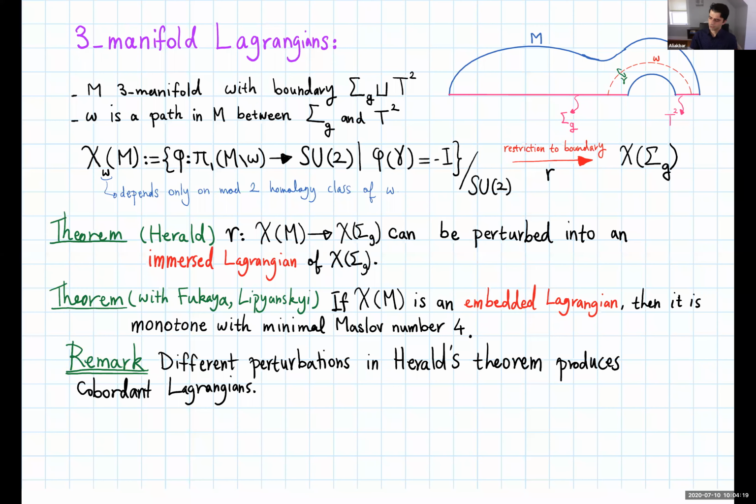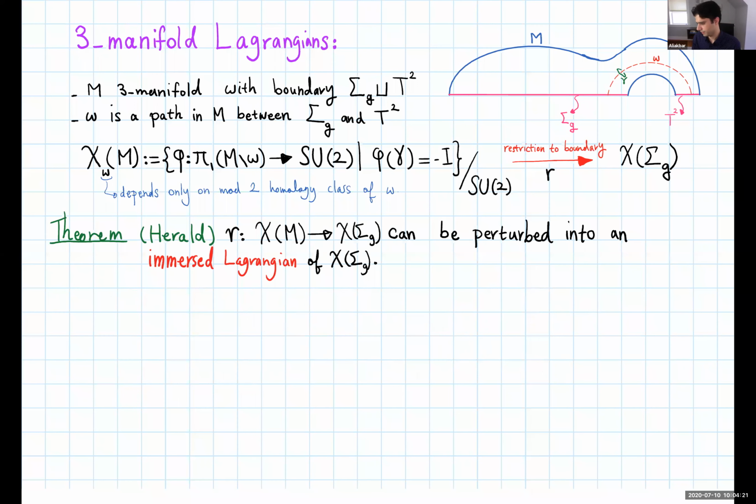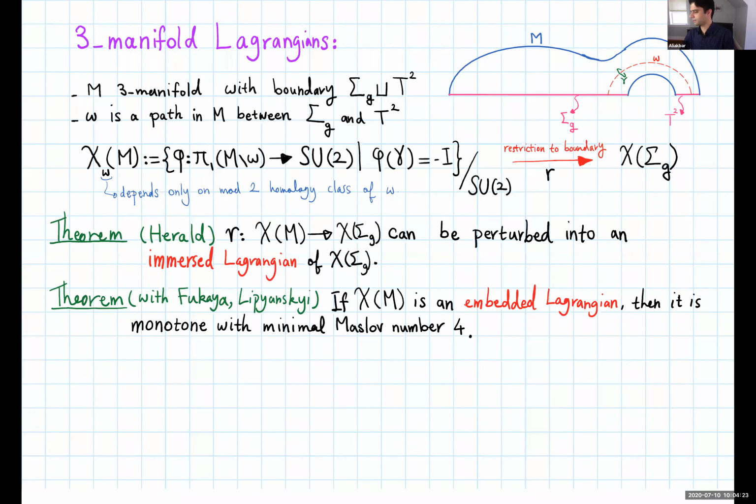There are some examples where you can show that this is embedded. More generally, let's look at the case that this is a 3-manifold with boundaries sigma g and sigma h.